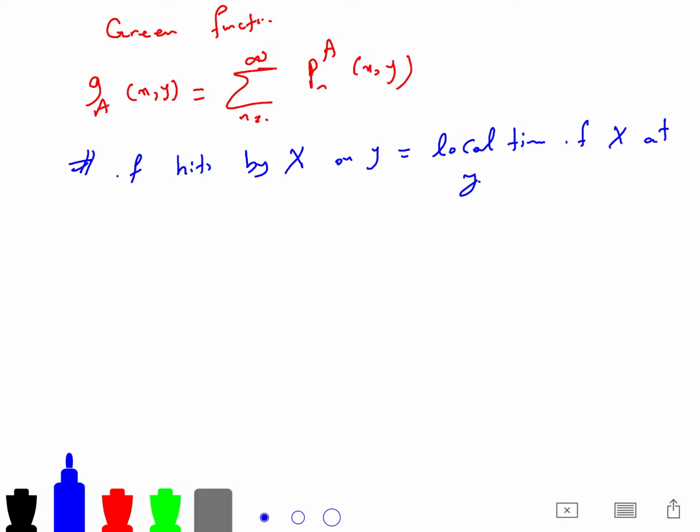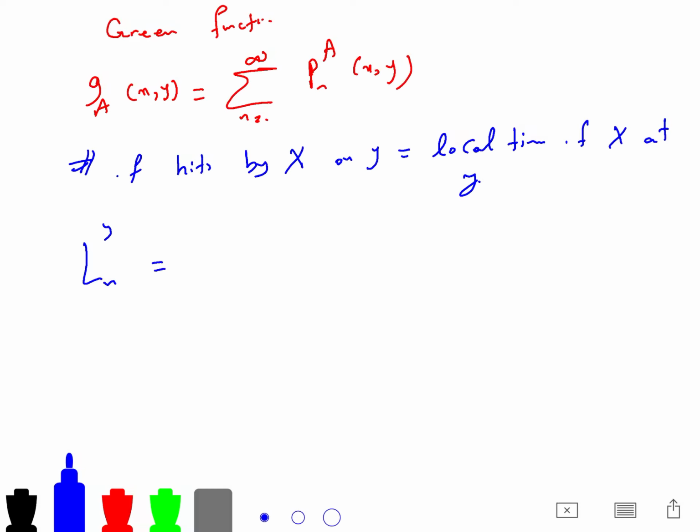You see local time in different places in probability theory, for example the local time of Brownian motion. There are several meanings, but here we are just focusing on the Green function, and we call it L_n^x(y), meaning the local time of x at y.